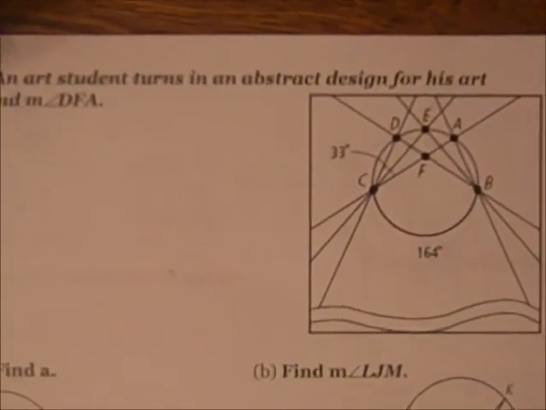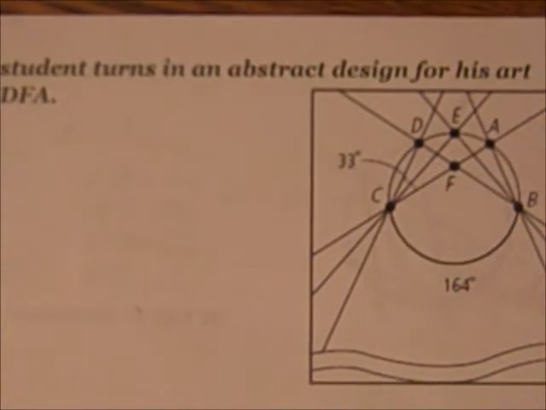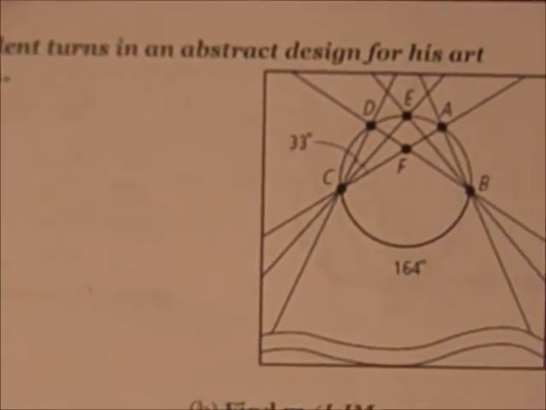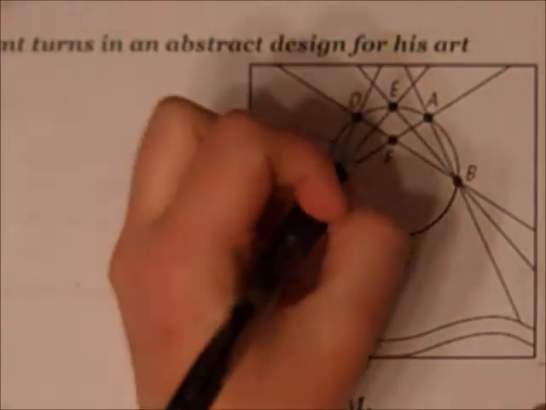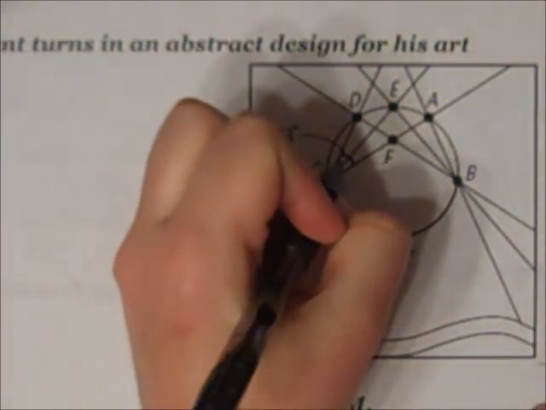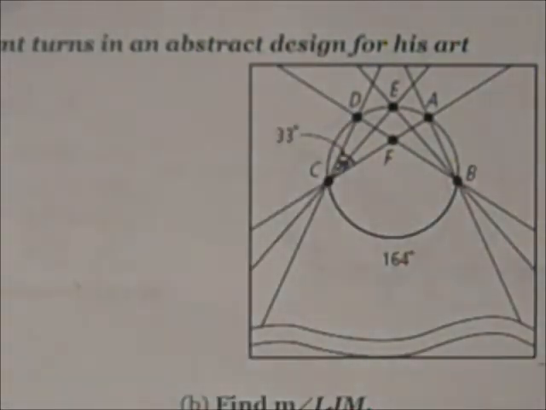Okay, so I'm going to zoom in on this picture now. There is a lot going on in this picture. We have lots of inscribed angles, lots of arcs, all that kind of stuff. What we know is that this angle right here is 33 degrees.